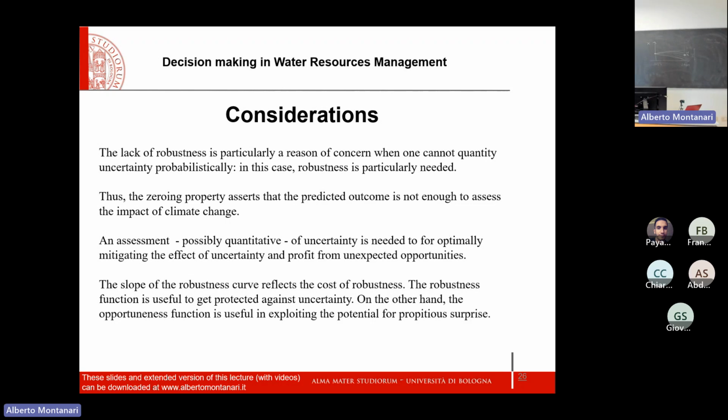And the benefit is not only economic, maybe also in terms of environmental impact. And then you need to scale back to a decision variable, in this case X, which leads to this benefit. This is the generic structure of the problem.